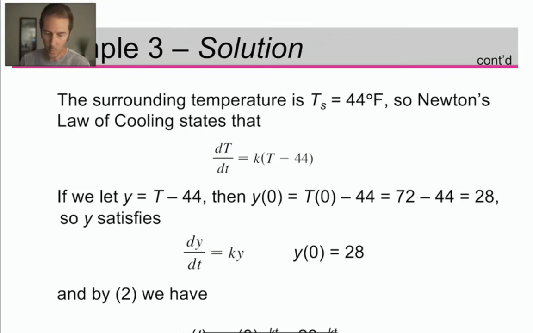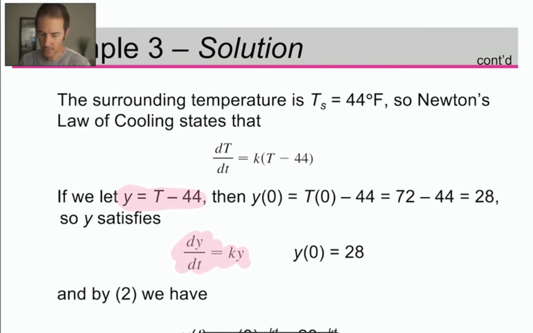So we're going to let y equal T minus 44 so that we can frame up our equation in this alternate format, and we can attack the process of modeling using the exponential.